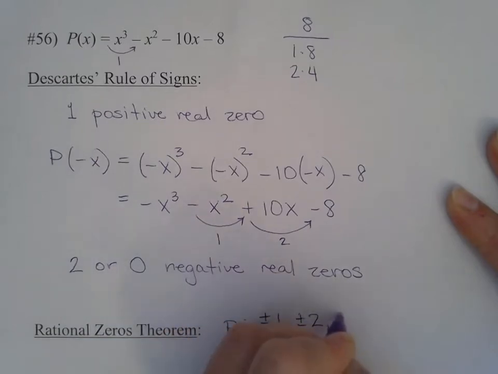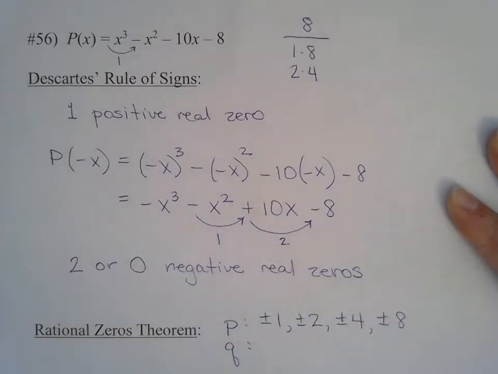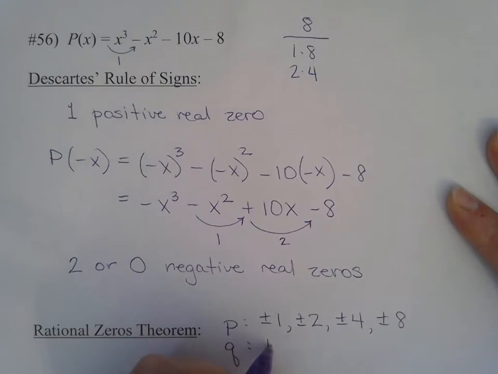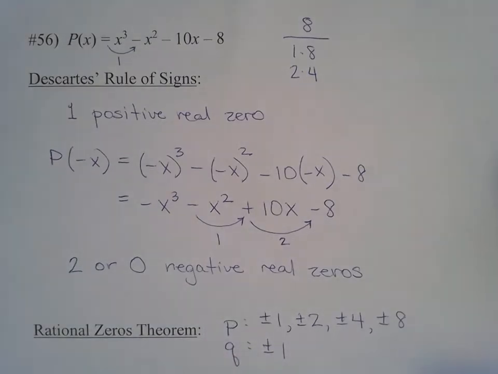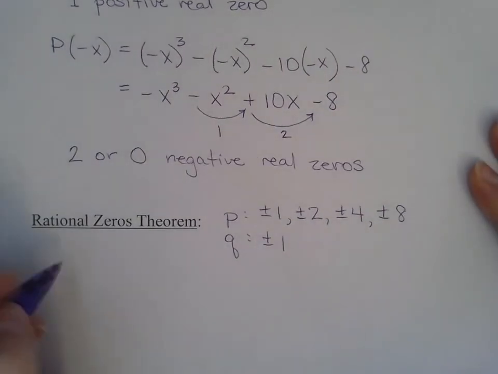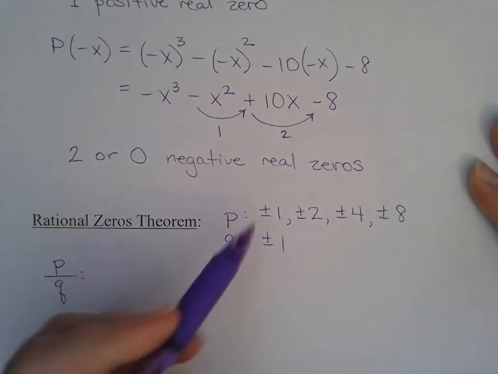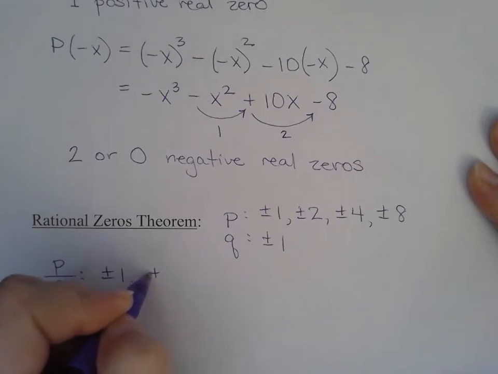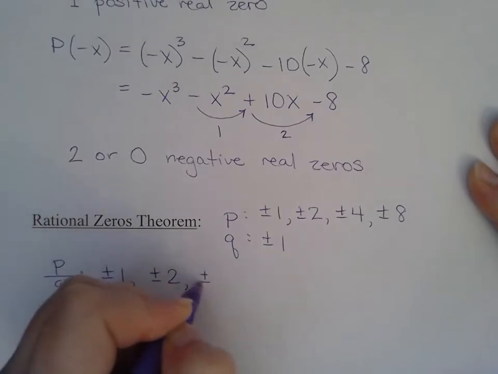So plus or minus 1, plus or minus 2, plus or minus 4, and plus or minus 8. The coefficient for x cubed here in the front, the leading coefficient, is a 1. So Q could be plus or minus 1. If we form all the possible fractions P over Q to make our list of possible zeros, everything's just going to be over 1. So we have these 8 possibilities.